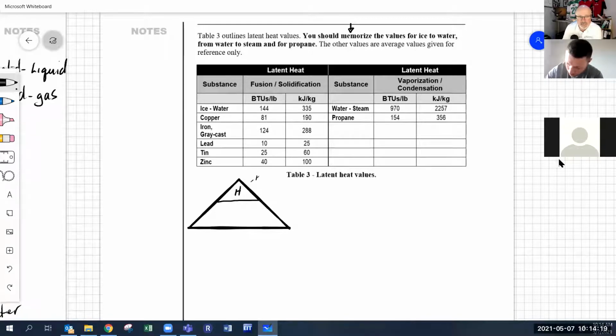And remember, the heat is either in BTUs or kilojoules. That's how we measure it. And then we're going to take the mass of the substance we're using, and we're going to multiply it by the latent heat value. So this is the formula for latent heat.